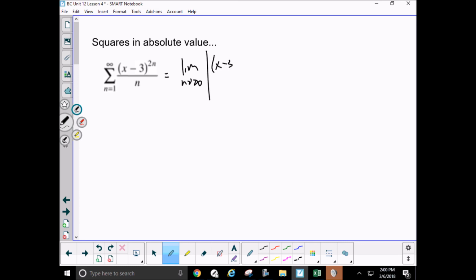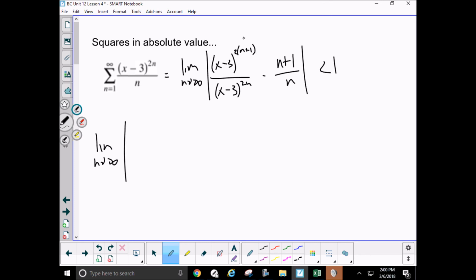Now, using parentheses, it's x minus 3 to the 2, n plus 1. So that's 2n plus 2. That'll be over x minus 3 to the 2n. This is times n plus 1 over n. This has to be less than 1. The limit as n approaches infinity of, this is 2n plus 2, so this is x minus 3 to the 2n times x minus 3 squared.